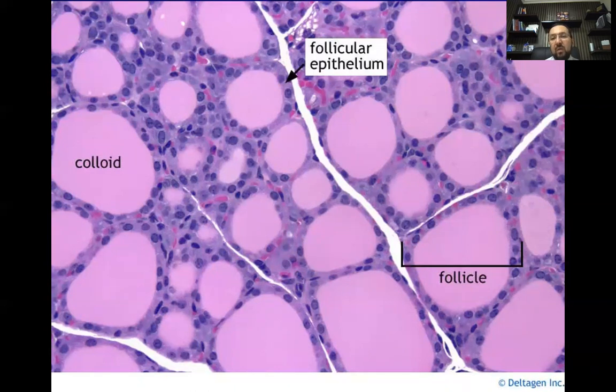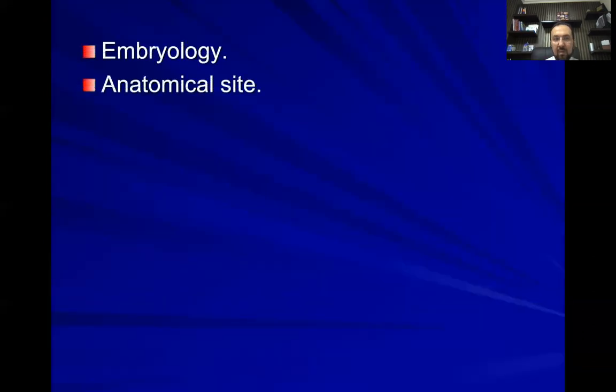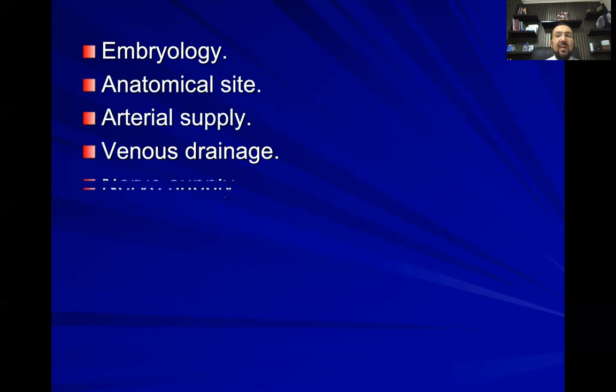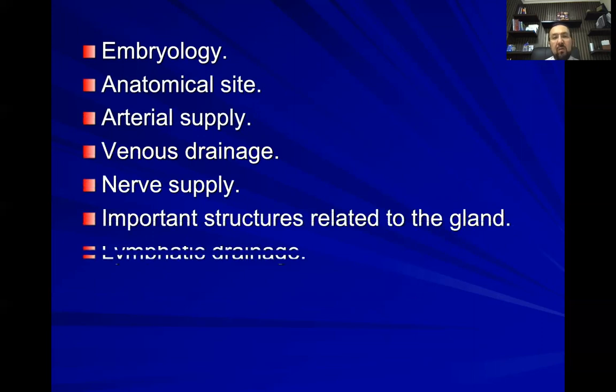In between the follicles, there are the lymphocytes, the blood vessels, the parafollicular C cells, and septa from the thyroid capsule, dividing the thyroid gland into lobes and lobules. Again, these are the items that have been tackled in the section of anatomy.